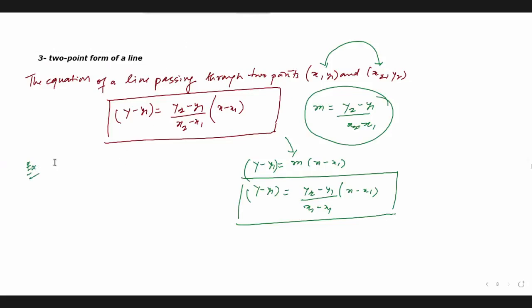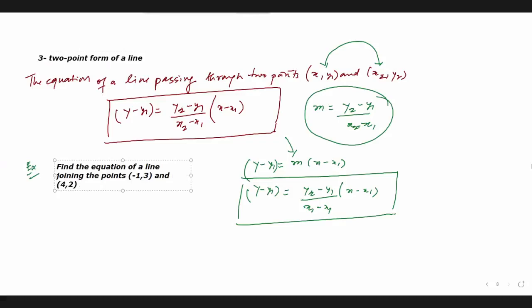For an example, I need to find the equation of a line joining the points -1, 3 and 4, 2.